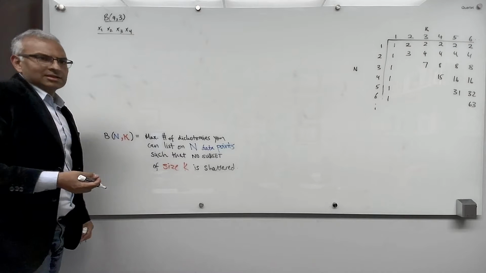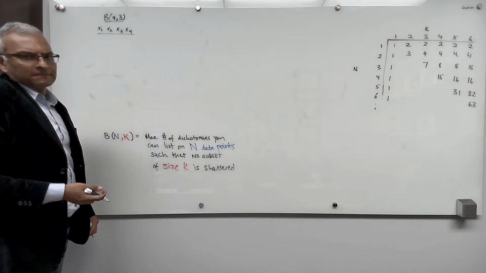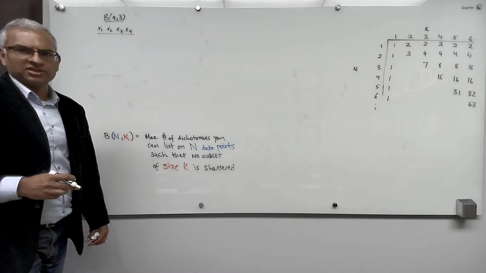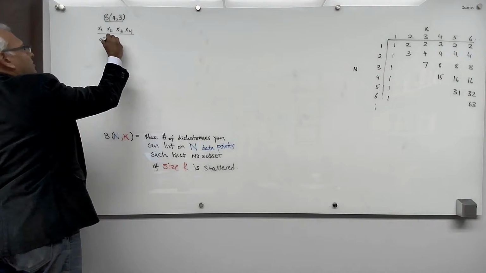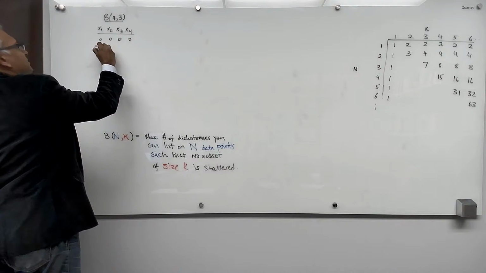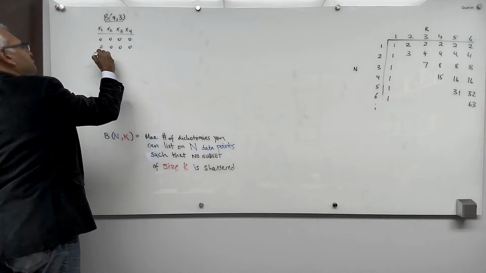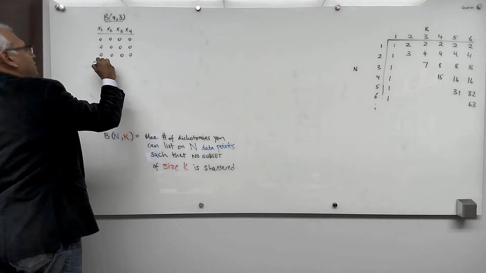So let me list a bunch of dichotomies that fail to shatter any subset of size 3. I'm going to start with all minus. I'm going to go after, let's say, 11, just for the hell of it.